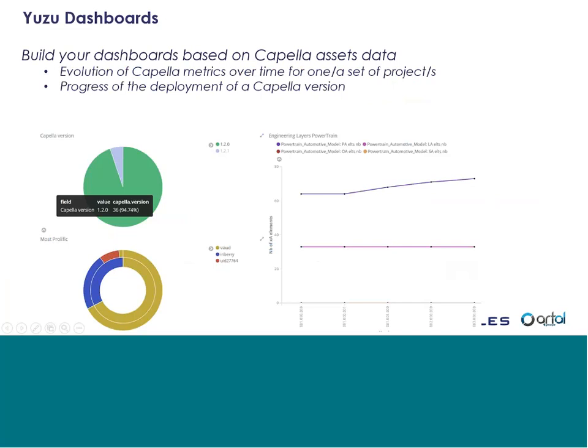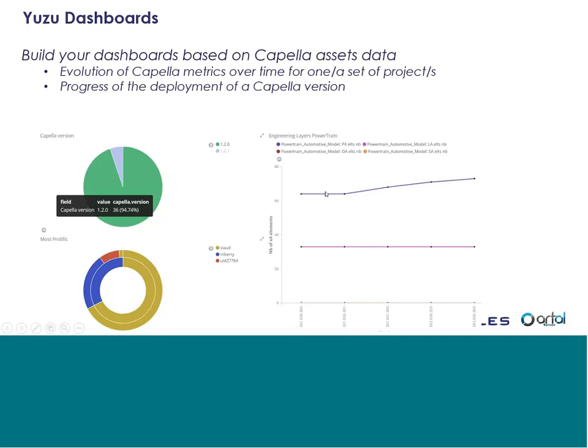And the last thing is that with Yuzu, when you have entered all this information about the assets, of course, all the basic meta information, version, date, whatsoever, but also the Capella version used, you could build very nice dashboards of your set of projects and libraries, and you could have a very nice representation of how the project is evolving in the different versions.